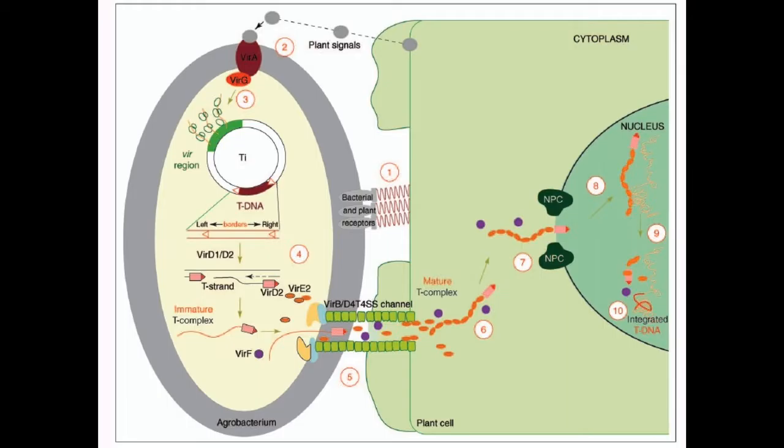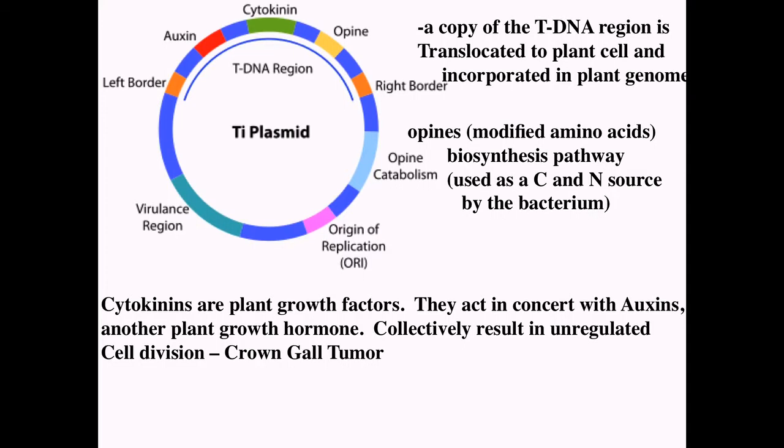What's been taken out, obviously, are genes such as the cytokinin gene and the auxin gene. So in the normal TI plasmid, as it has evolved, it carries with it copies or versions of the plant hormones, cytokinin and auxin. These growth hormones are now going to be produced in the plant cell under the control of this tDNA that's been inserted into it.